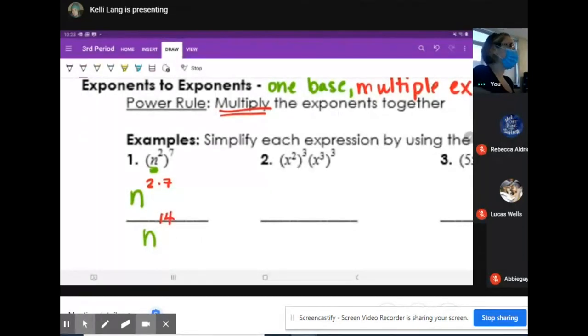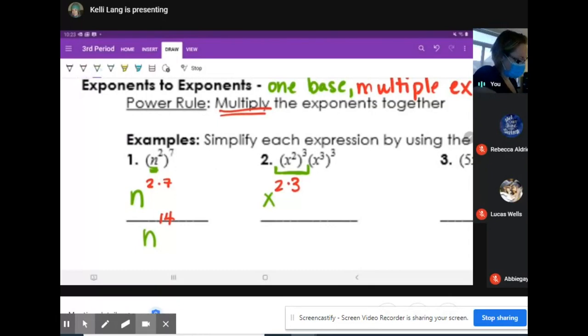Number 2 has an extra step going on. First of all, I'm just going to look at the first piece. x squared to the 3rd. Well, that's a single base with multiple exponents. So we're going to rewrite this as x to the 2 times 3 power.